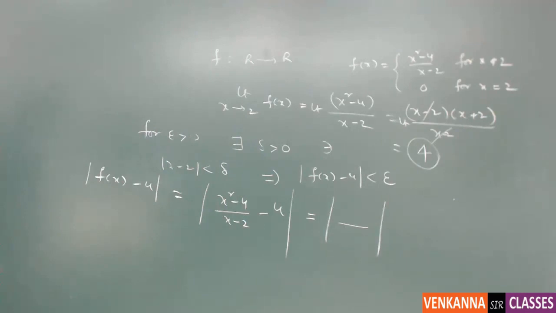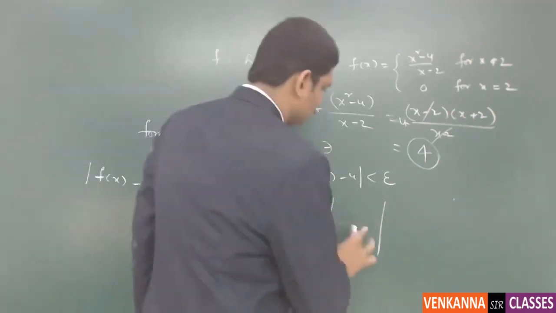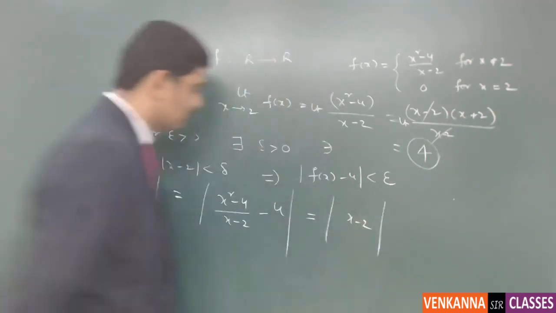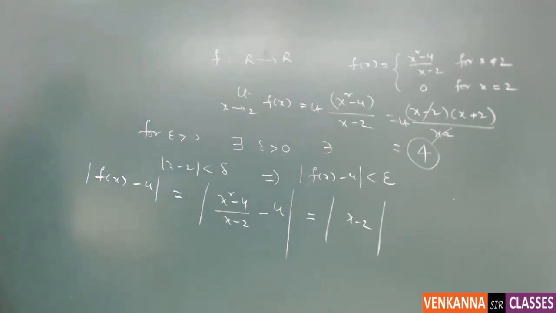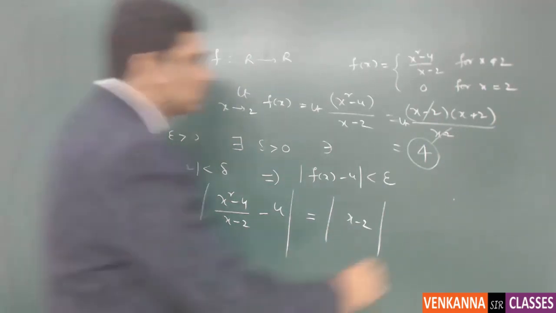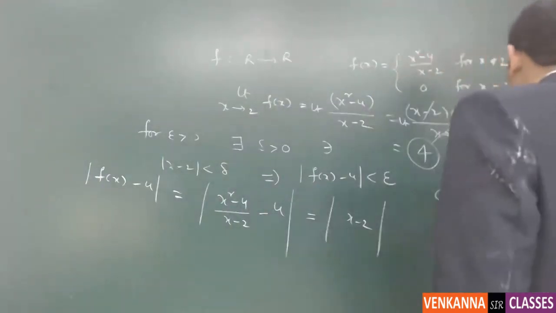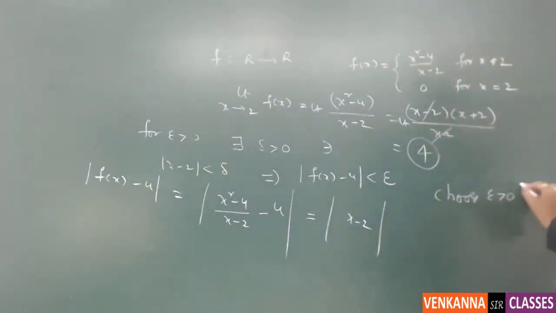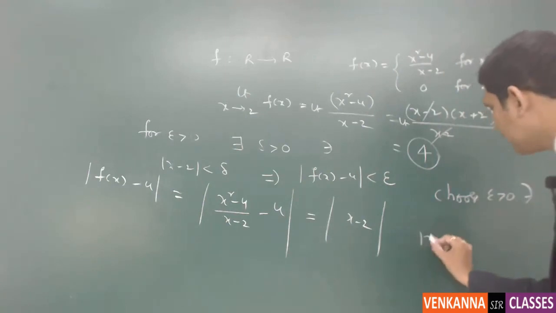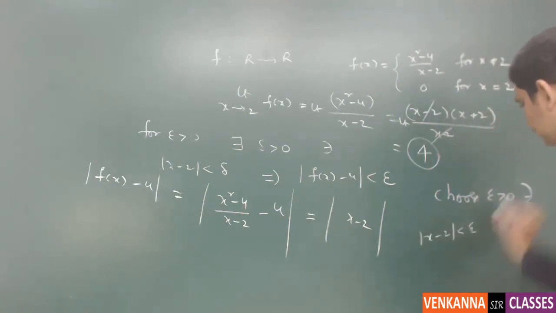Yes, very good. x minus 2, right? So if you simplify the value is nothing but x minus 2. All of you accept? Right. So choose epsilon such that mod x minus 2 is less than epsilon.